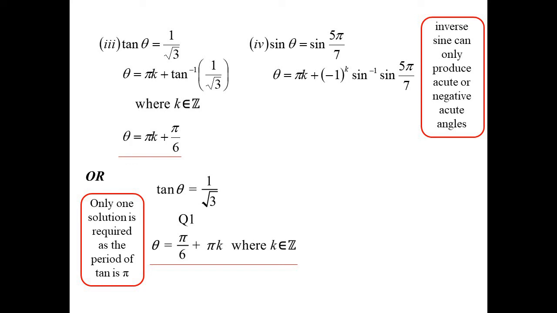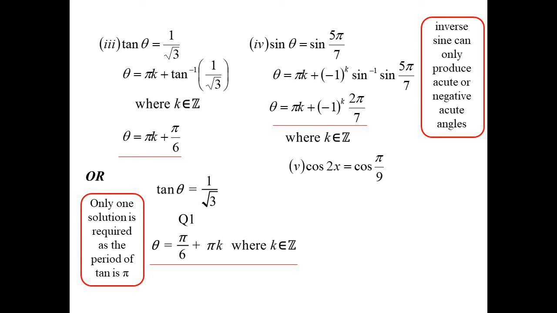So 5 pi on 7 would be in the second quadrant, which is a positive answer. Therefore, I'm looking for the positive acute angle. The equivalent acute angle for that one is 2 pi on 7. So we get minus 1 to the power of k times 2 pi on 7 for that one.